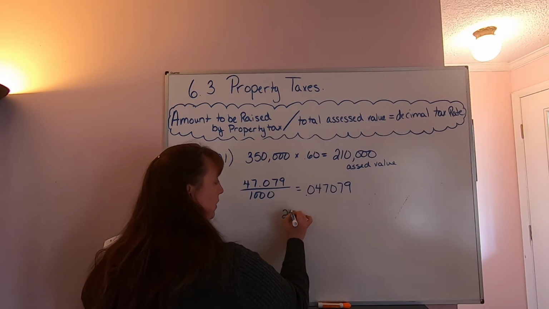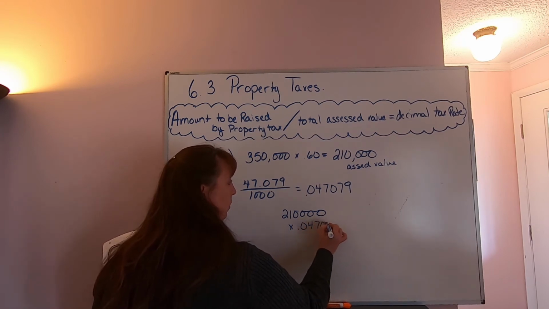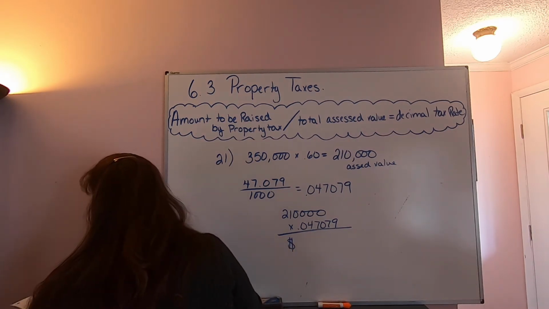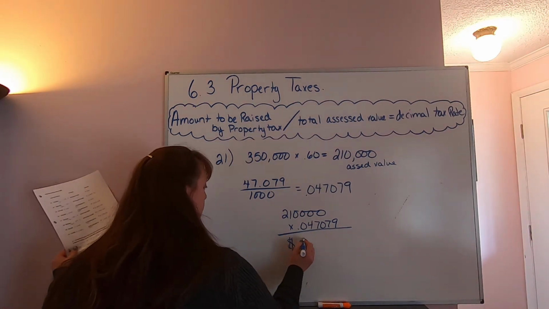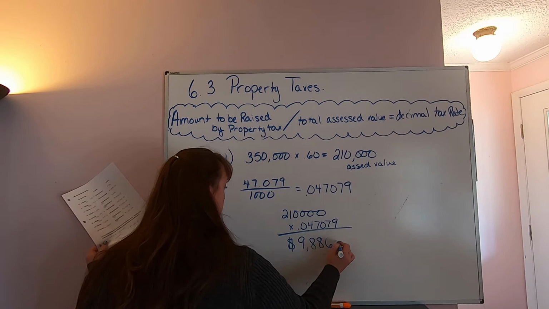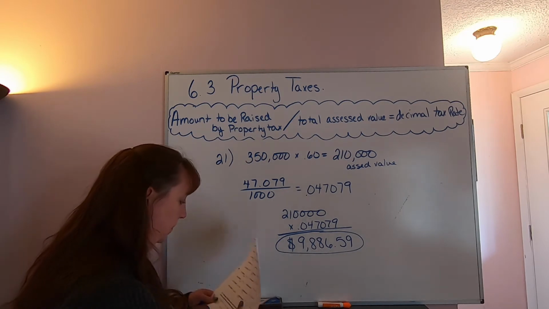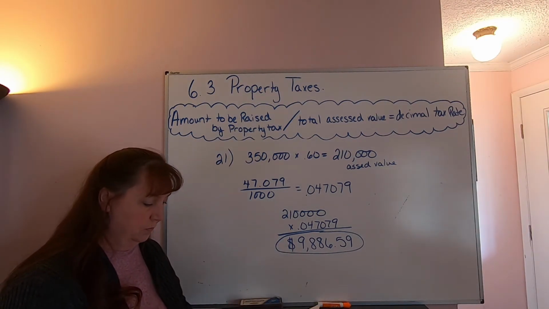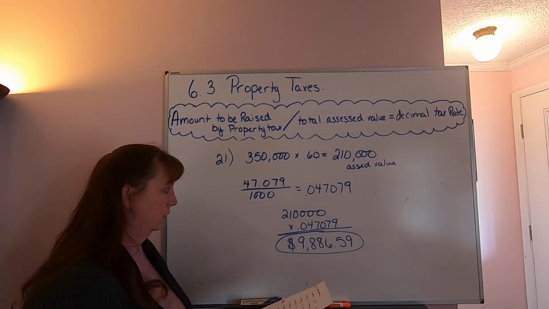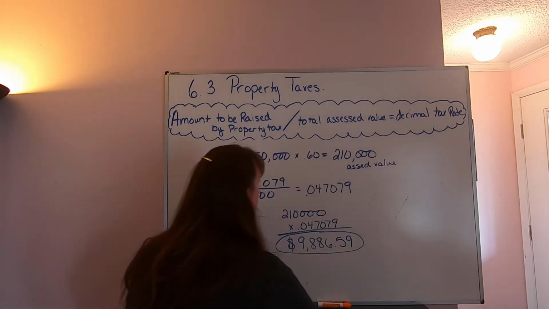You take the 210,000 times the 0.047079 and get our tax that is due of $9,886.59. So there's our tax that is due when we have an assessed value of $210,000 at that rate. Moving on to question number 22.